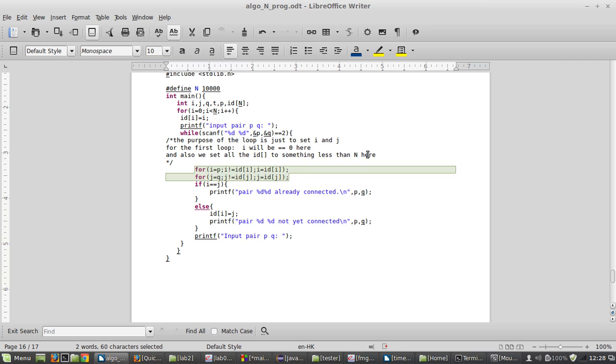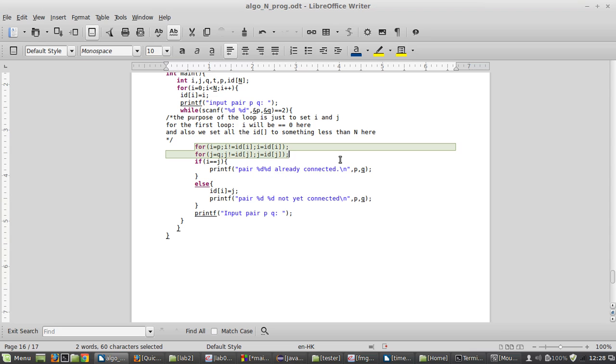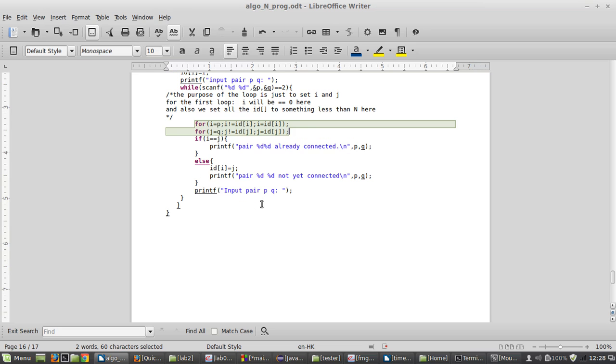In the second part, i is not equal to id of i, and i is set to id of i, and z is not equal to id of j, and z is set to id of j. The purpose is to set i and j to p and q itself, and to set all the ids to something less than n.